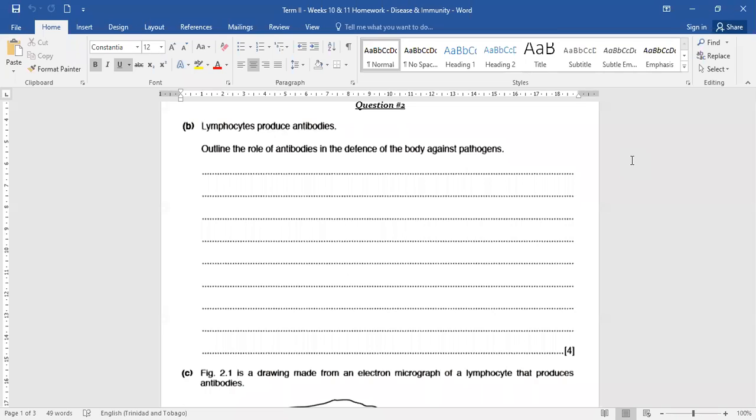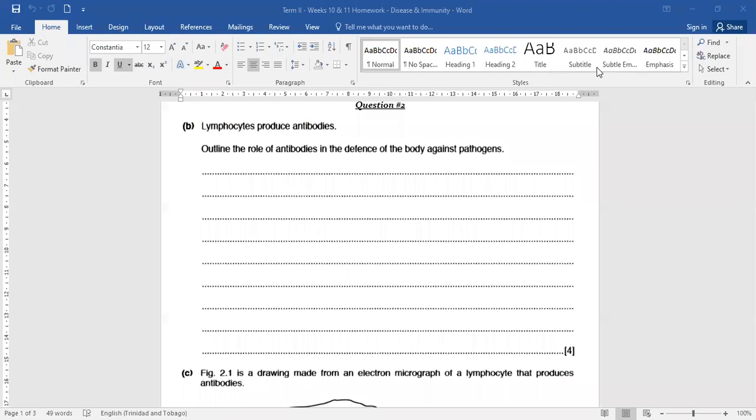Because they are specifically shaped, your lymphocytes would secrete certain antibodies which would be particular to that shape on the pathogen, which will then cause the antibody to bind to the pathogen.